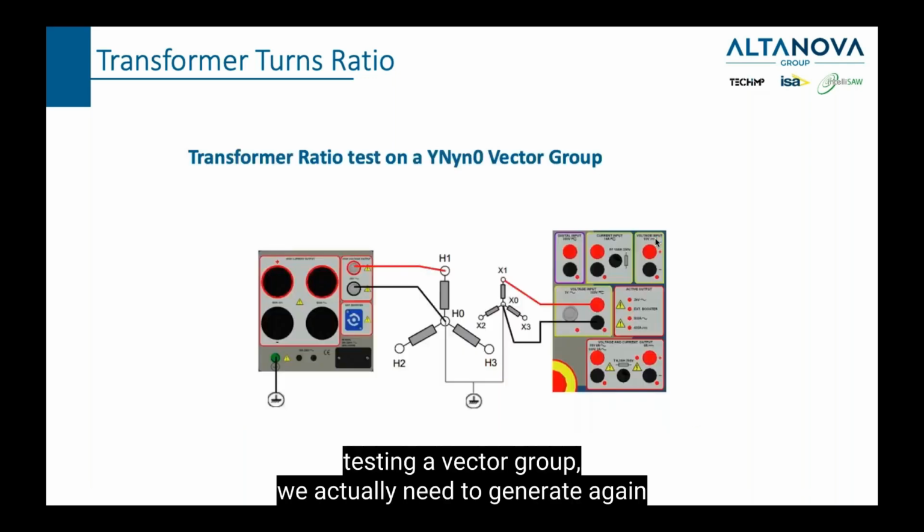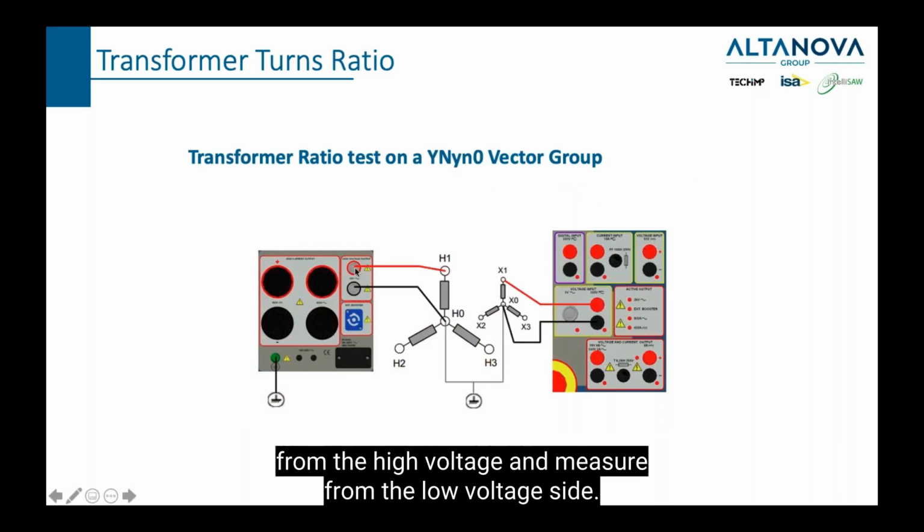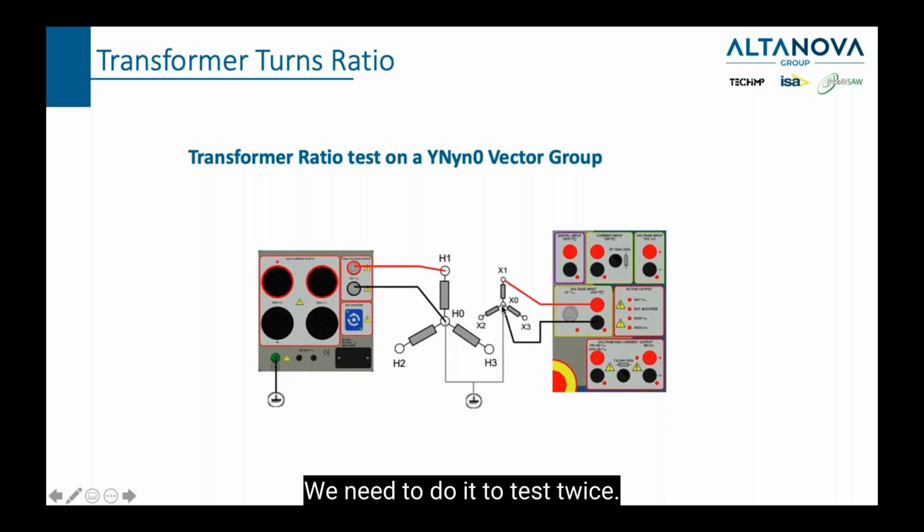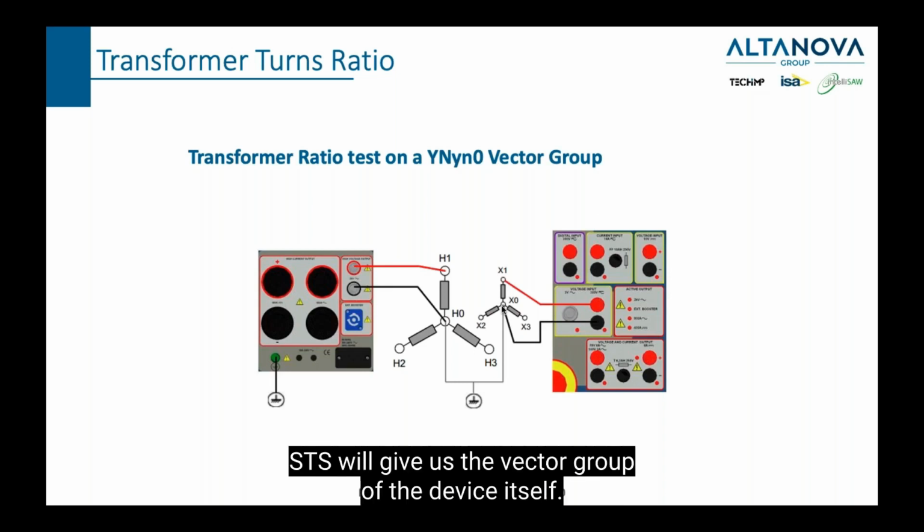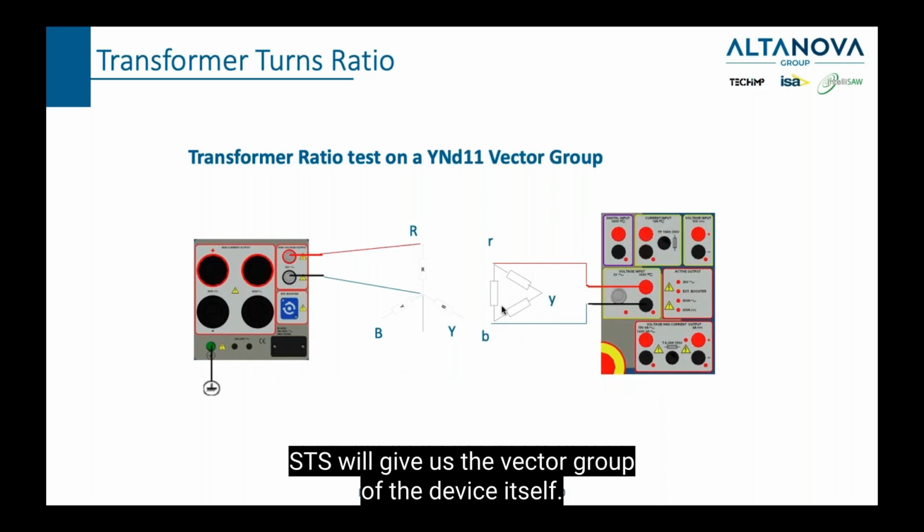And when we are testing a vector group, we actually need to generate again from the high voltage and measure from the low voltage side. We need to do 2 tests, twice, and then the STS will give us the vector group of the device itself.